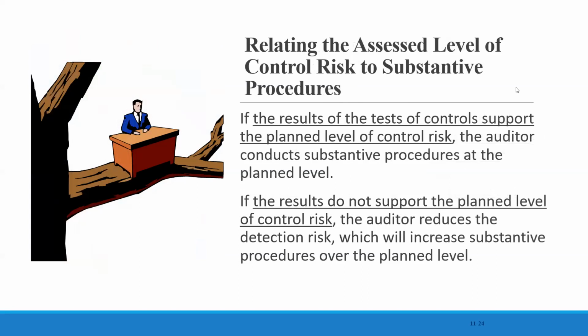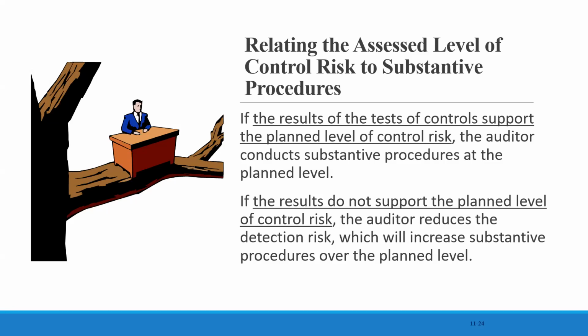Okay, so if we have done the test of controls, we are going to confirm or revise the audit strategy. Once the audit strategy has been confirmed or revised, we can go further to the substantive tests. We know a lot of substantive tests have already been done together with the test of controls.